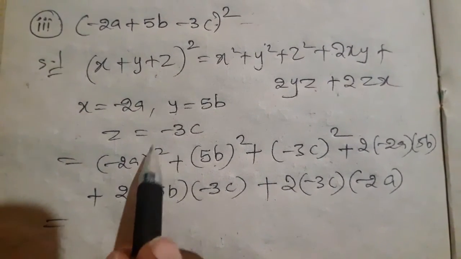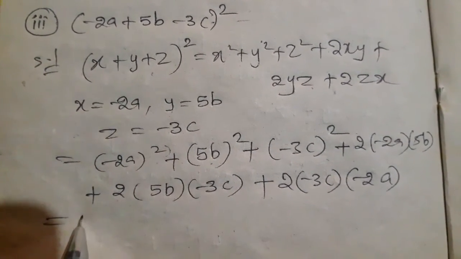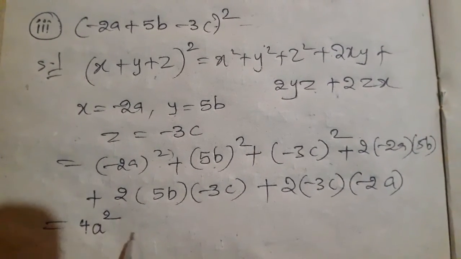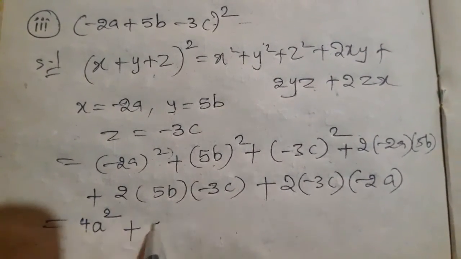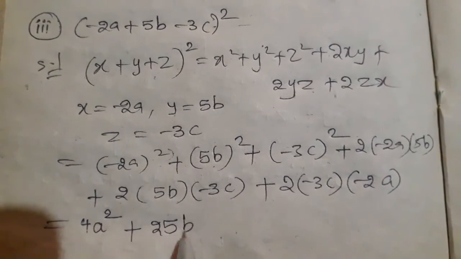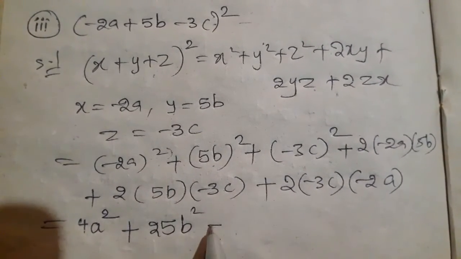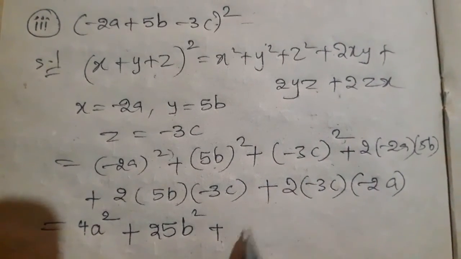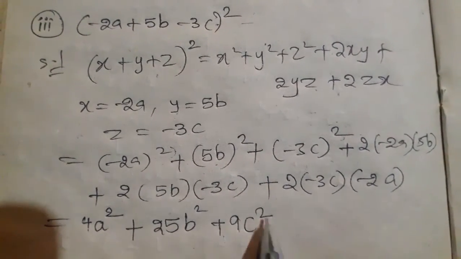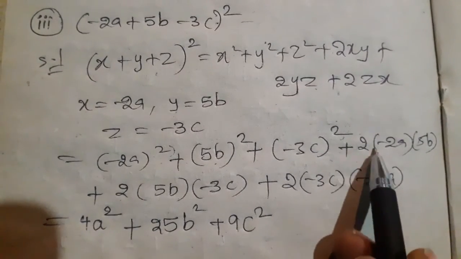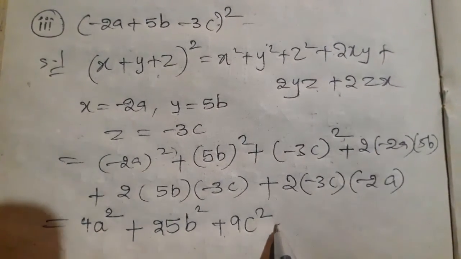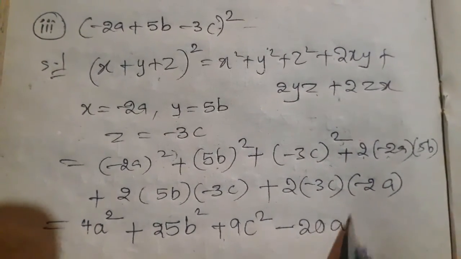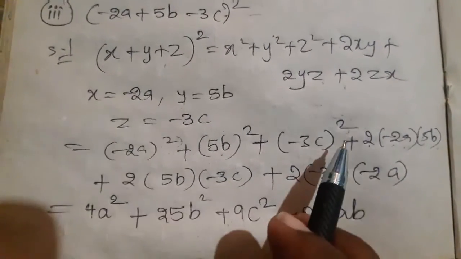See here, even power, so minus is gone: 2 multiplied by 2 is 4, so 4a square. Plus 5 5s are 25b square. Here plus and minus gone, even power, so 3 3s are 9c square. Next, plus into minus is minus: 2 2s are 4, 4 5s are 20, minus 20ab.